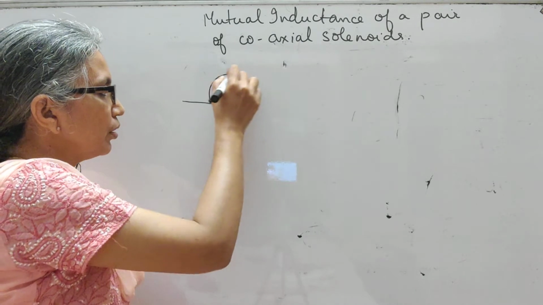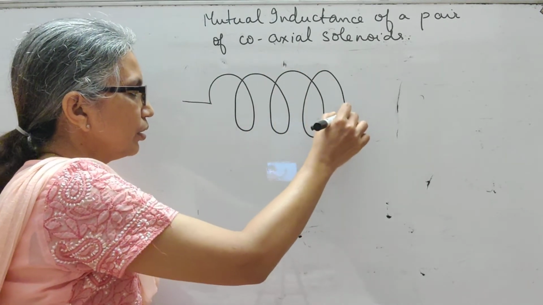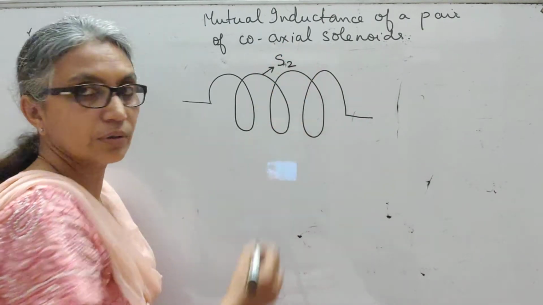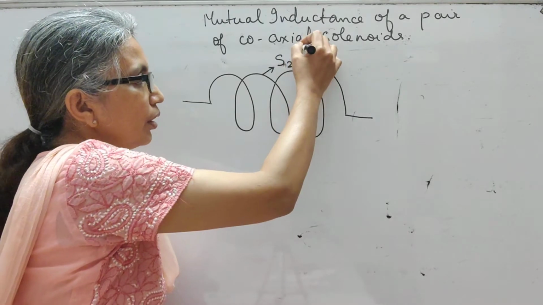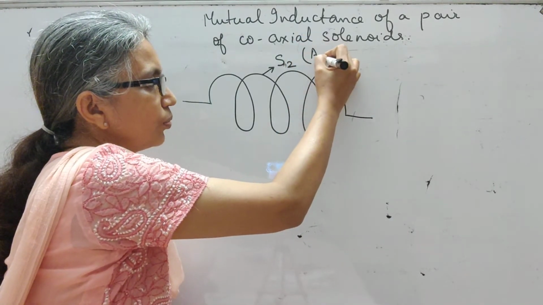So I'm taking a large solenoid which I call S2. The S2 has an area of cross section A2.